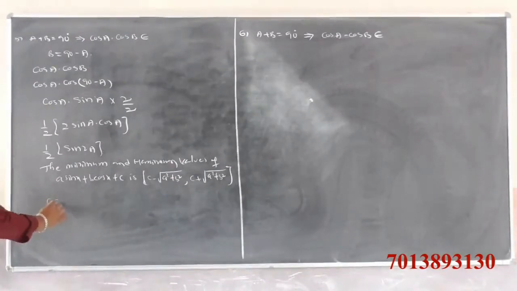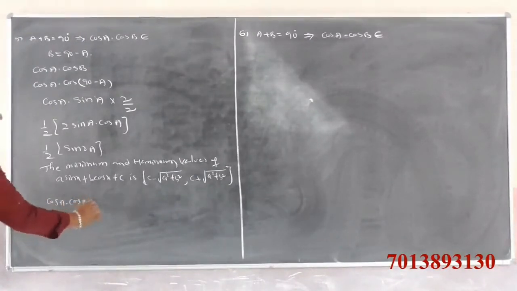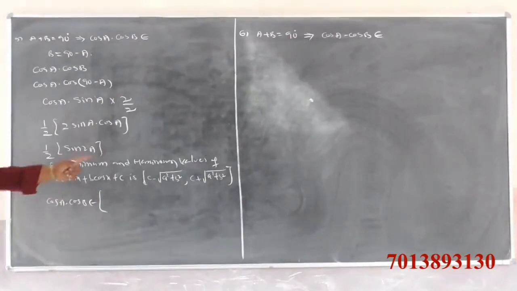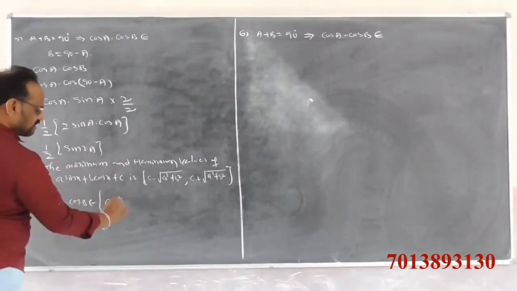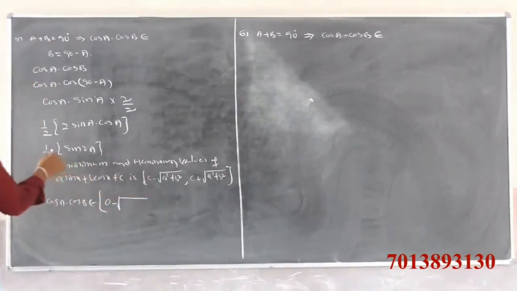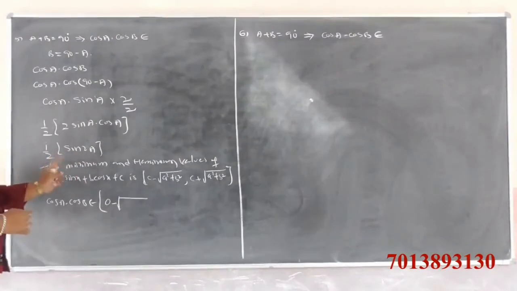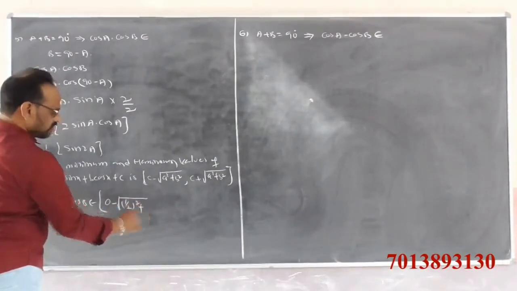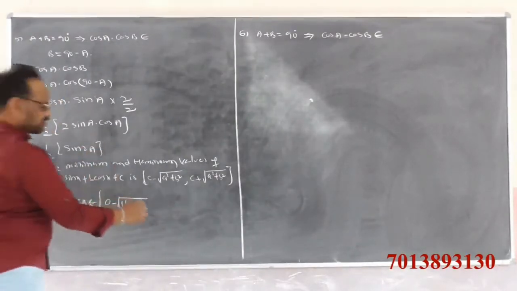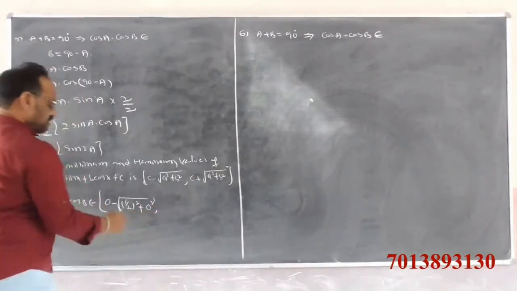So cos A into cos B belongs to the interval with minimum value C minus square root of A square plus B square. Here the C value is 0. What is the A value? This is A sin x, so the A value is clearly 1 by 2, whole square, plus the B value, which is 0 square.